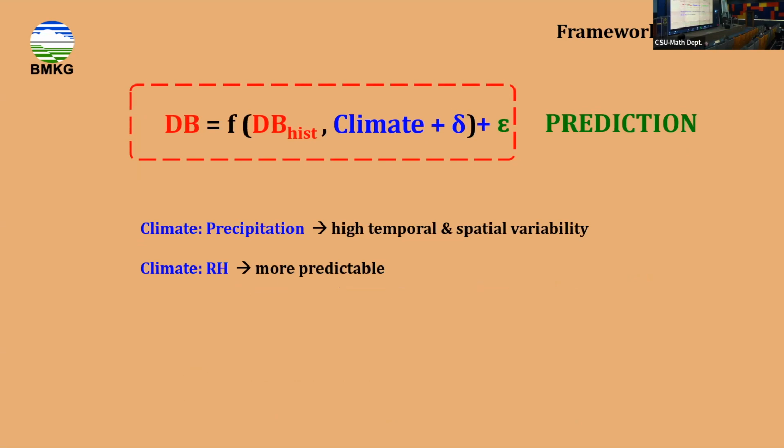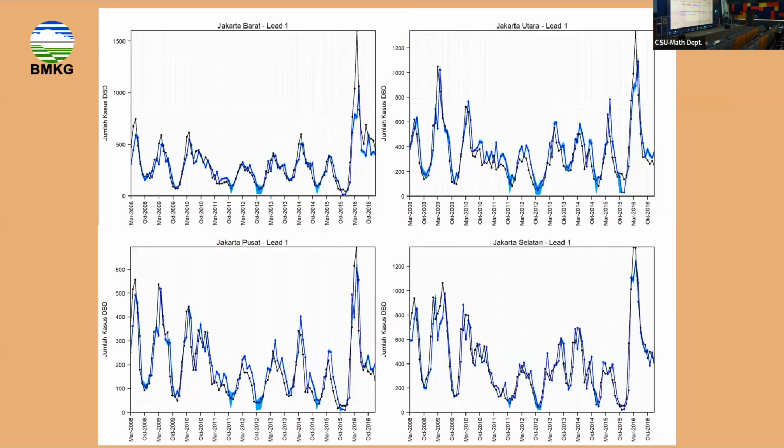We chose relative humidity because it is more predictable than precipitation, because precipitation has high temporal and spatial variability. So we made relative humidity one of the climate factors in our prediction.